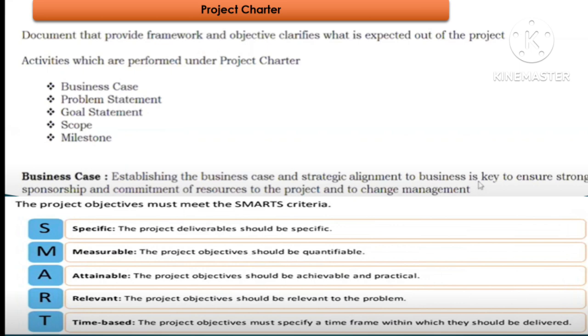Very important to keep in mind that the information that you are entering should be specific, measurable, attainable, relevant, and time bound, which we call SMART. So you need to follow this approach while entering the business case and the details in the project charter.